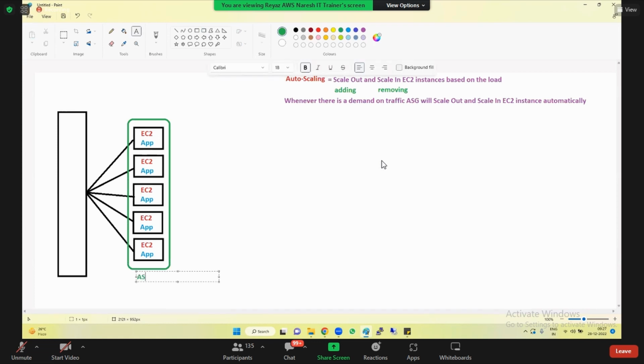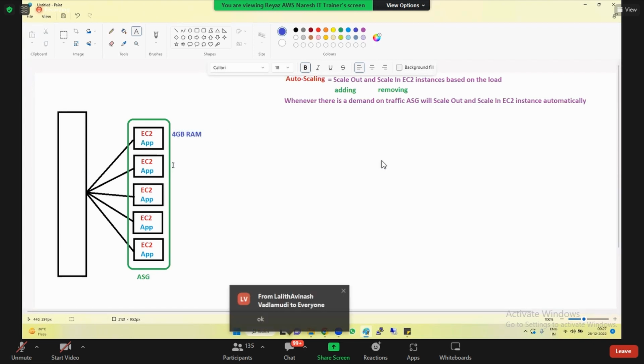So, guys, tell me, in this auto scaling group, we have all these EC2 instances, right? And each EC2 instance should contain some RAM, no? Let's say 4 GB RAM. Can you tell me, is it good to have the same type of RAM or a different size of RAM in the group? Yes. Always remember, it's always good to have the same type of capacity.